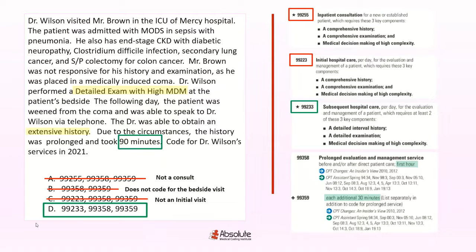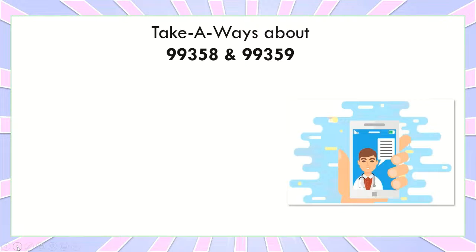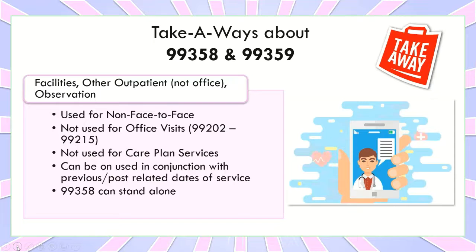So that's pretty straightforward. Now let's go ahead to the final takeaways about these codes, 99358 and 99359. These are used for facilities or other outpatient but not office, and also used for observation. They are used for non-face-to-face, so non-direct.